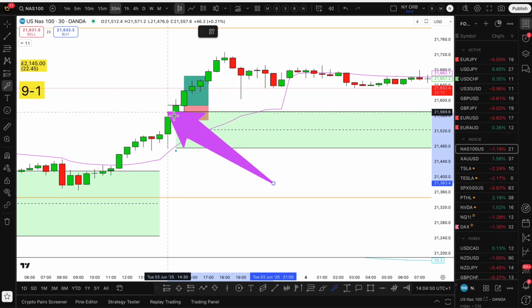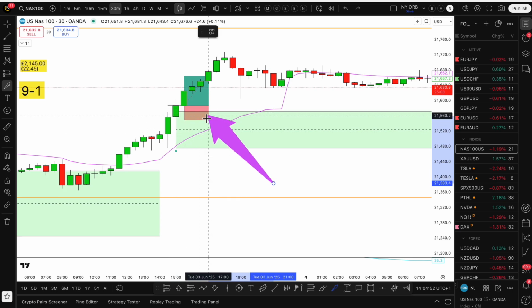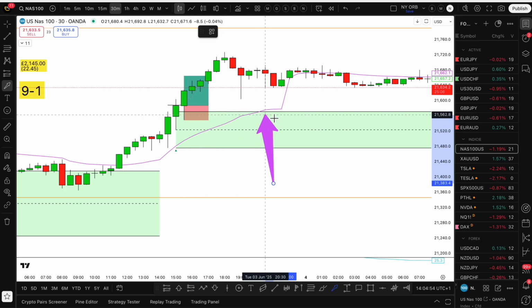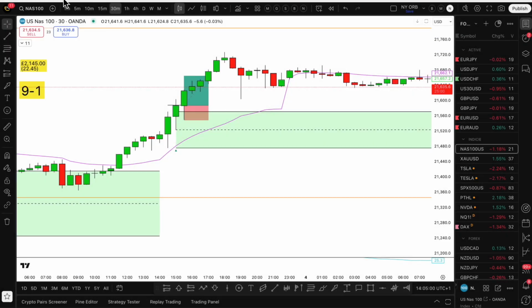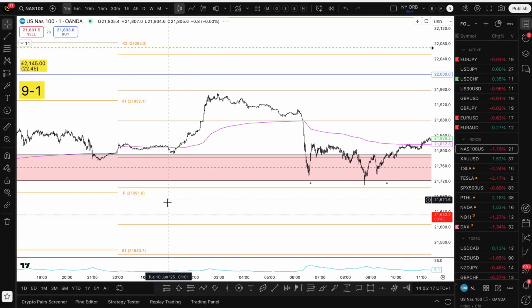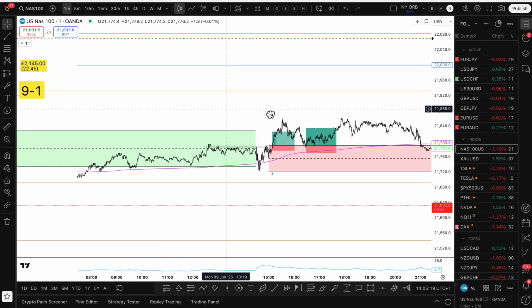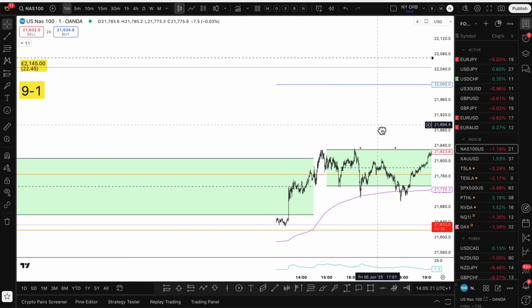So after this prints, this green box is basically your first 30 minutes open range high and low. Okay, so we come back to the 1 minute and we'll just walk through the trades that we have taken.